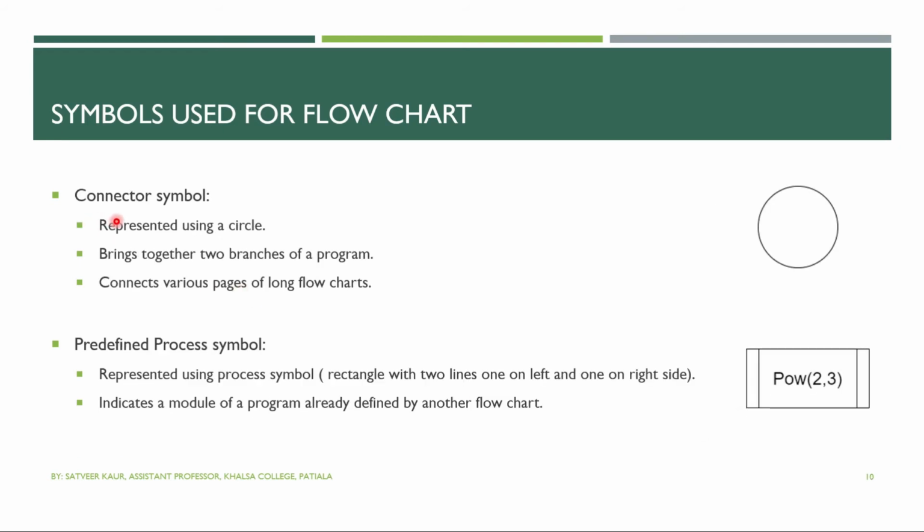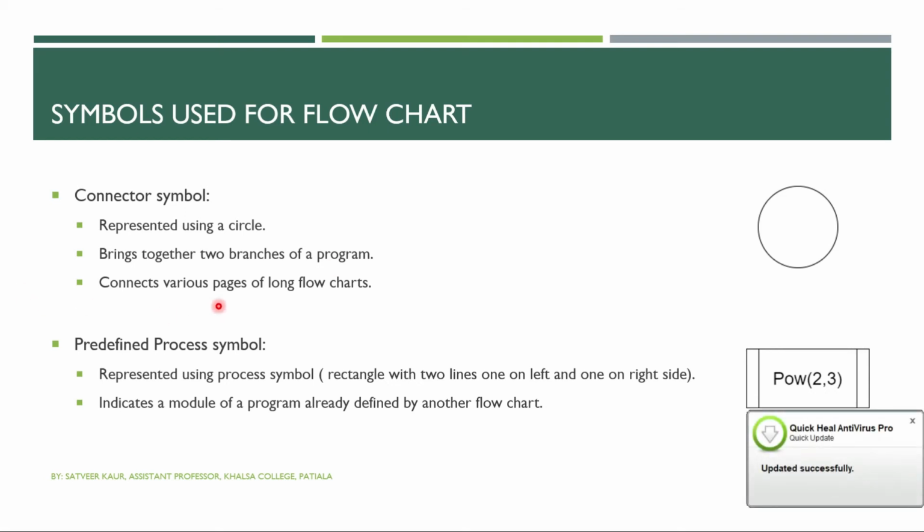Next one is connector symbol. It is represented using a circle. It brings together two branches of a program. If we have a larger flowchart and the flowchart does not fit on one page and goes on to the next page, then we use this connector symbol at the end of the first page and at the start of the next page.